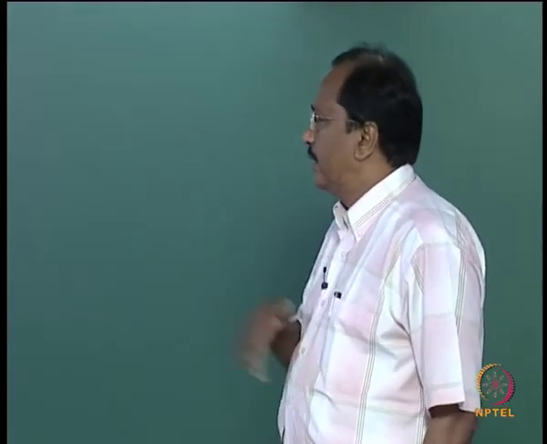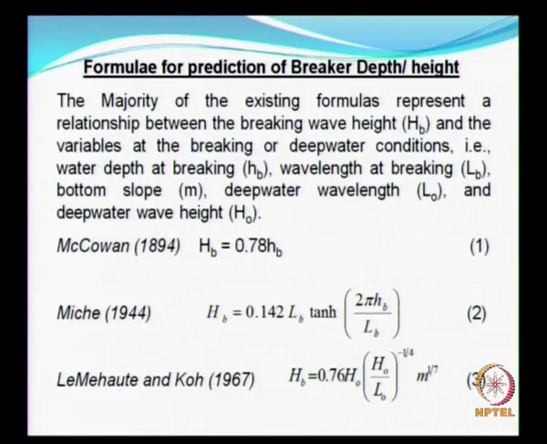This 0.78 is an empirical coefficient, and some people use 0.8. McCowan's criterion gives the breaker wave height as a function of just the breaker depth.